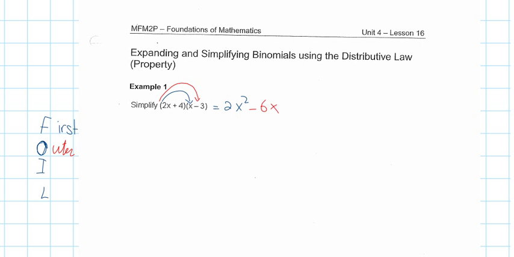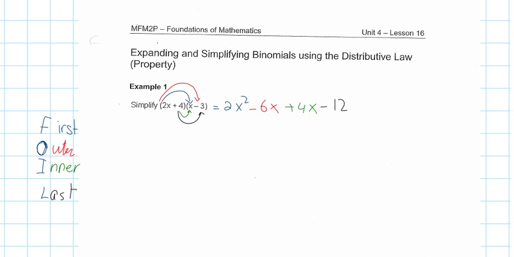Then you're going to multiply your inner terms. So your inside terms, which is going to be plus 4x. And then you're going to multiply your last terms. So it's going to be the last two terms in the bracket, which is going to be negative 12. Okay?